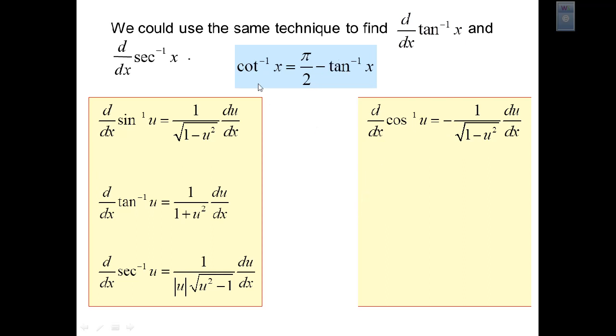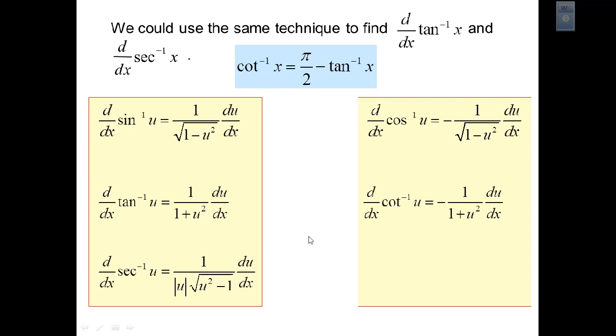Now, we also have a similar property for cotangent, a relationship between arccotangent and arctangent. Once again, the 0 and minus is just going to make the derivative of the inverse cotangent the negative of the derivative of the inverse tangent. So negative of this thing over here.